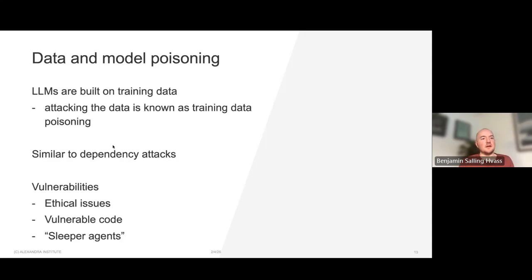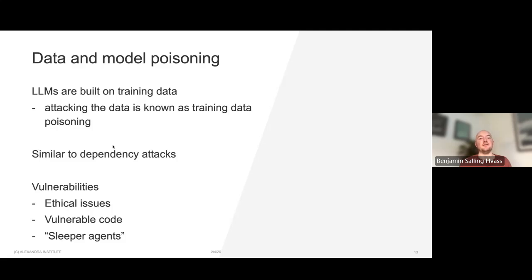A second category of vulnerability is data and model poisoning. Large language models are built on training data, and if you attack the data, this is known as training data poisoning. In some ways, you could compare this to prompt injections, except that prompt injections happen after you have trained your model, and data and model poisoning happens before, right?